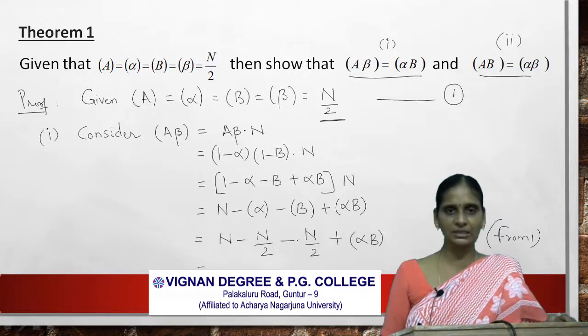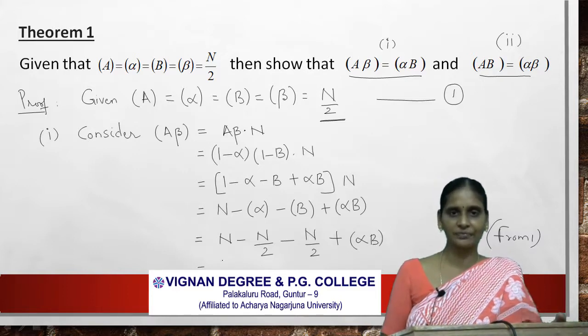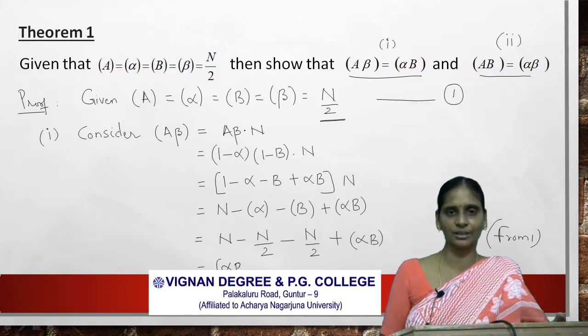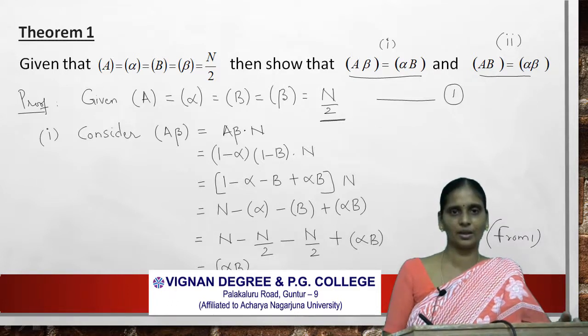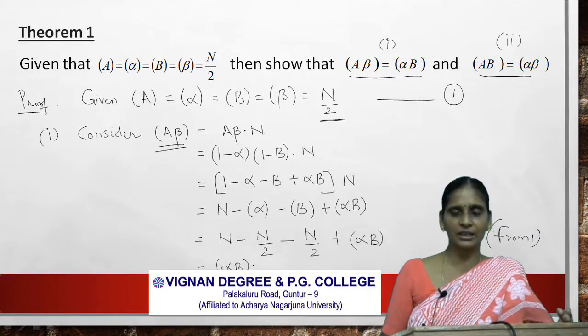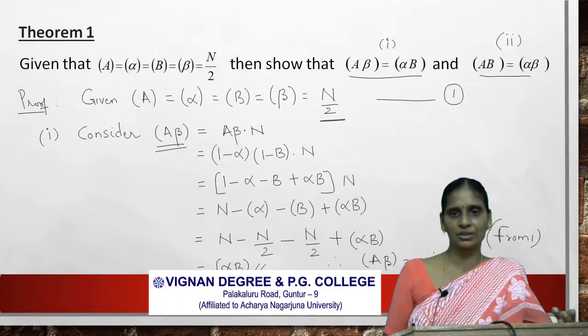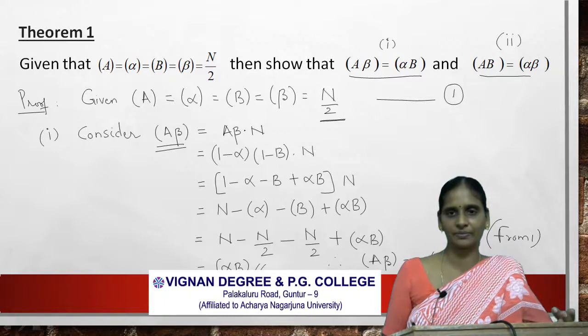So n minus n is 0. 0 plus frequency of alpha b, we get frequency of alpha b. So we get the class frequency of alpha b. Therefore, frequency of A beta is equal to frequency of alpha b. So this is the first condition's proof.